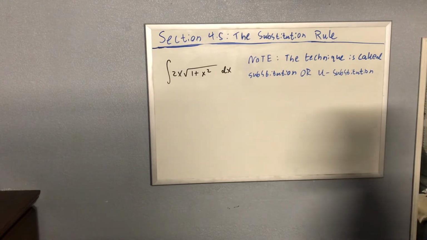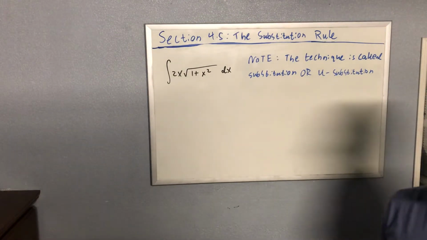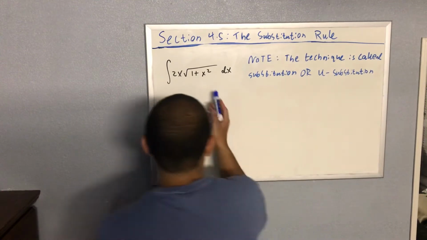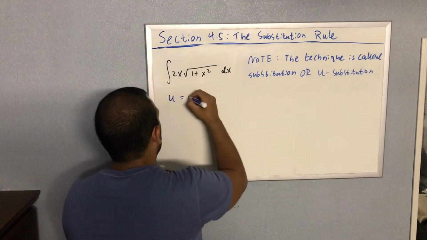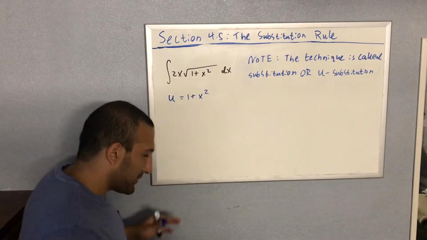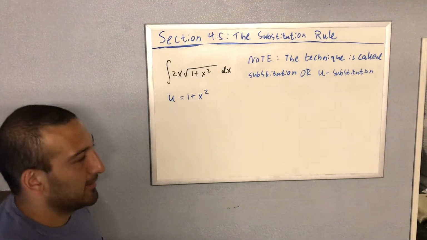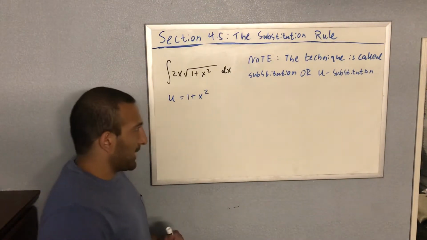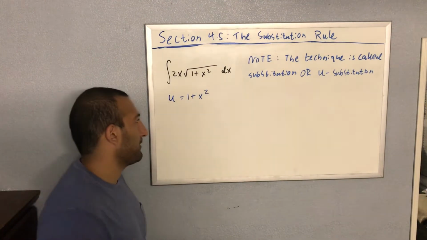So the idea here is to let this variable U be something that we see here. We're going to say, how about we just let U be 1 plus x squared? And again, this seems very arbitrary, and in a sense it is, but we see a 1 plus x squared in here, and we let U be that.